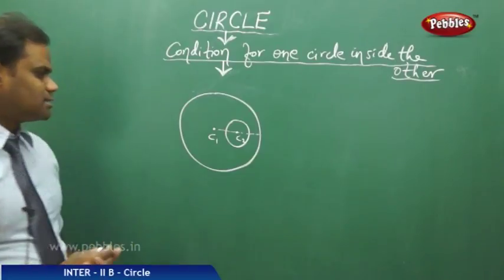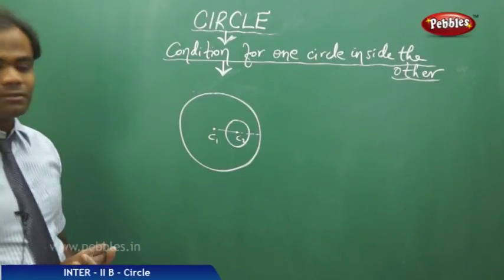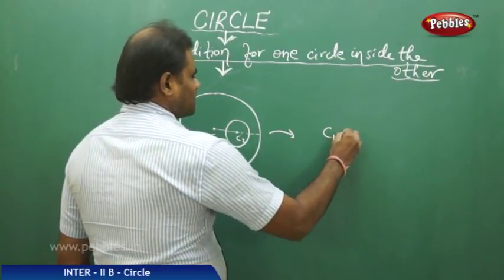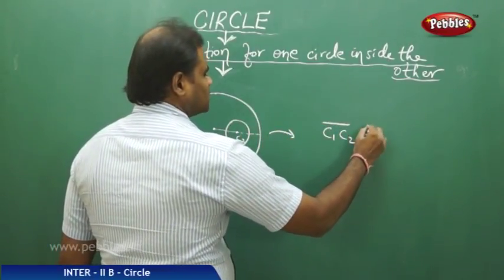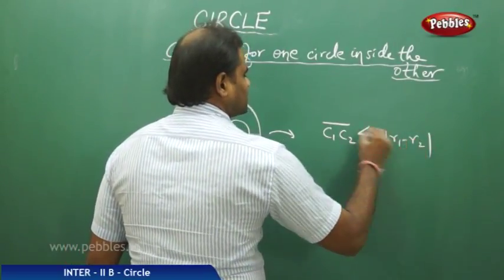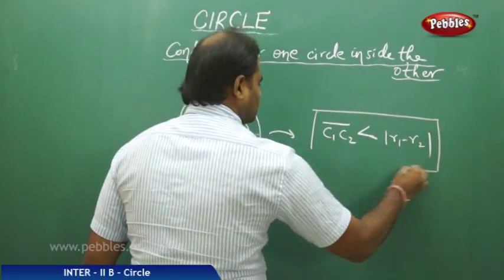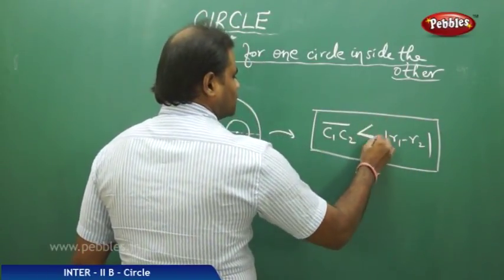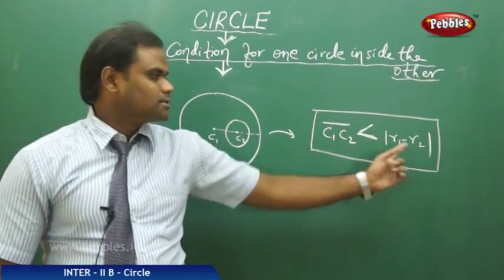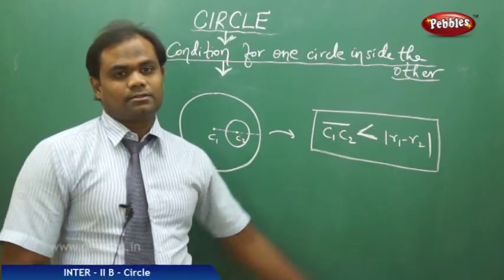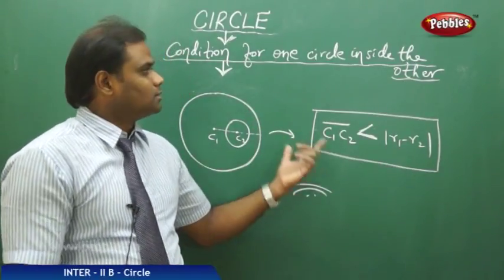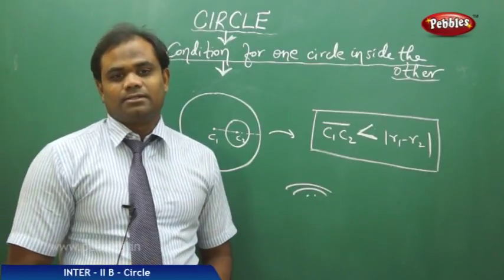Then I clearly see that the condition for one circle to be inside the other is that the distance between the two centers is less than mod of R1 minus R2. The condition is this less than this, which is how we understand the condition for one circle inside the other circle.